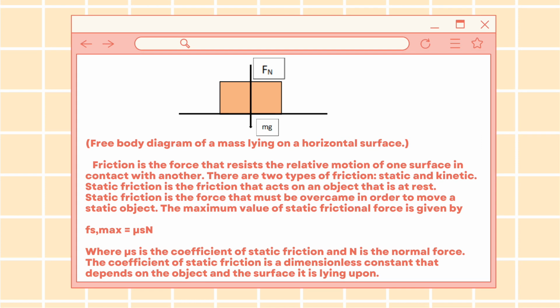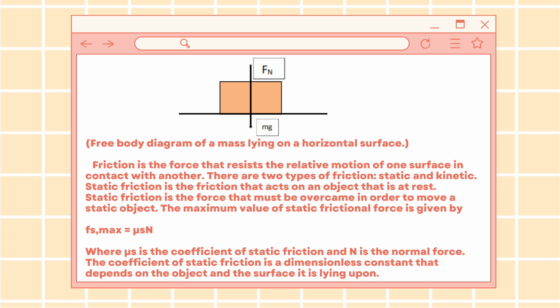Friction is the force that resists the relative motion of one surface in contact with another. There are two types of friction, which are static and kinetic. Static friction is the friction that acts on an object that is at rest. Static friction is the force that must be overcome in order to move a static object.